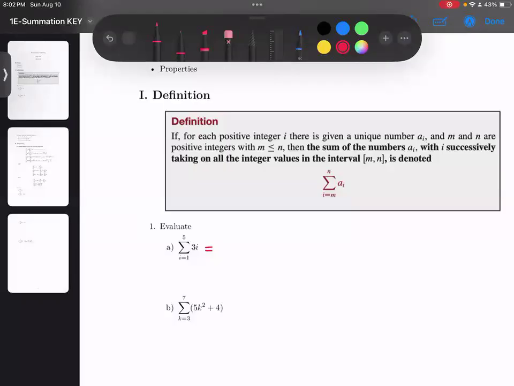And so it'll be 3 times, and then add all the terms together. 3 times 1, plus 3 times 2, plus 3 times 3, plus 3 times 4, plus 3 times 5. Okay, so you add them all up. This will be 3 plus 6 plus 9 plus 12 plus 15, so that'll be 45.